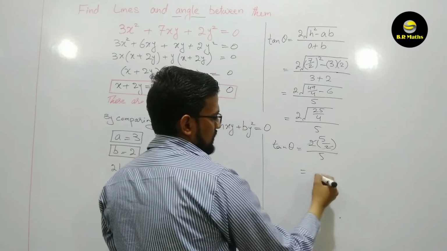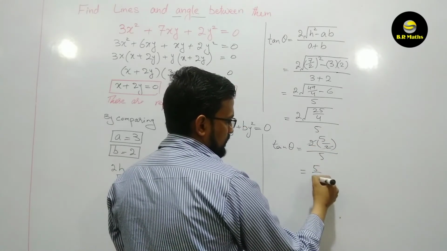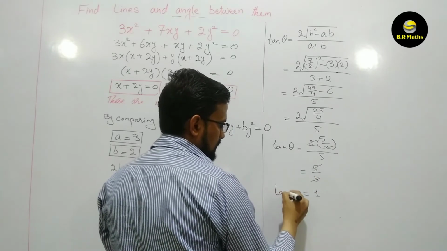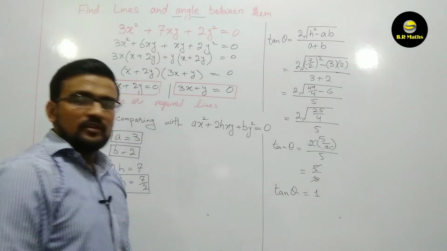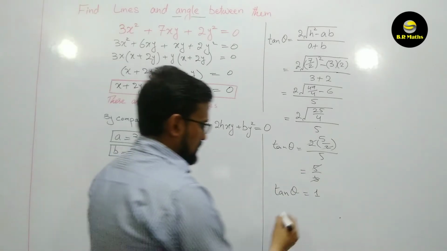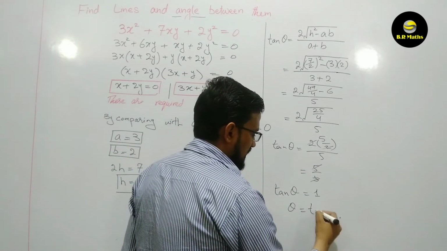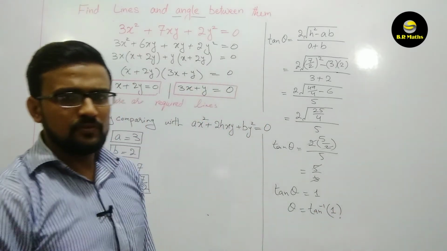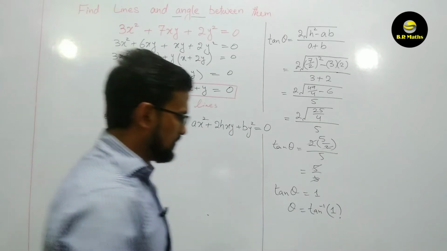The 2s cancel, 5 over 5 cancels, which is 1. Tan theta is equal to 1. So theta is tan inverse 1, and all of you know that tan inverse 1 is 45 degrees.